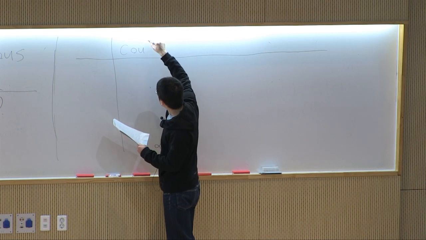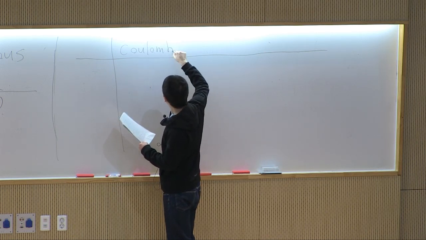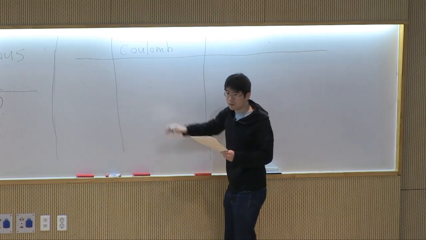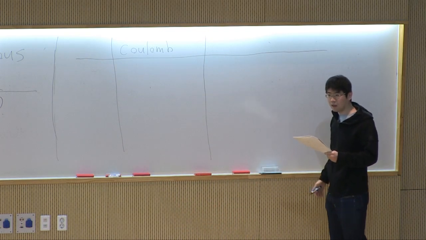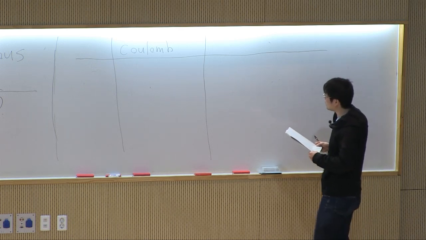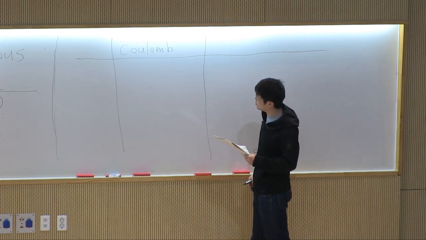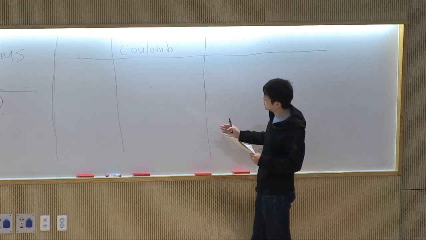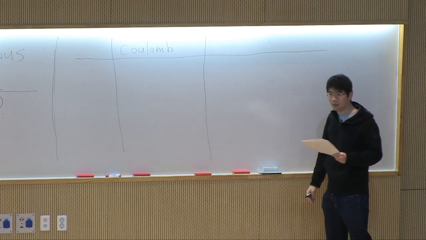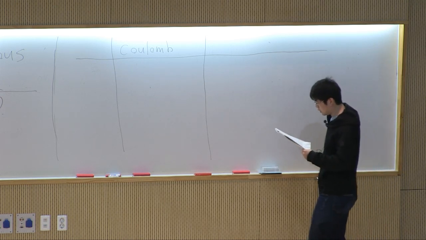The first one is the Coulomb phase. This Coulomb phase is just something like the U1 QED of the standard model. So the massless, just Maxwell, massless spin 1 gauge field remains in the long distance limit.